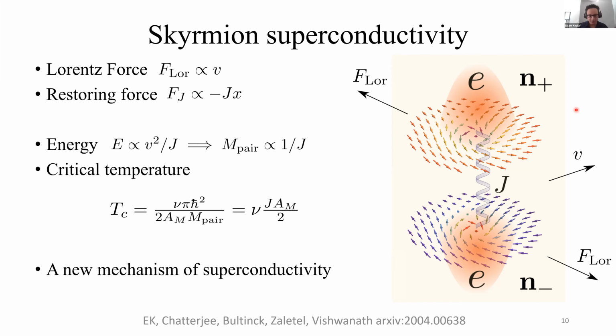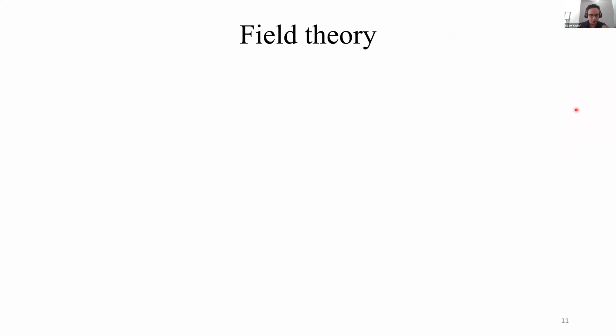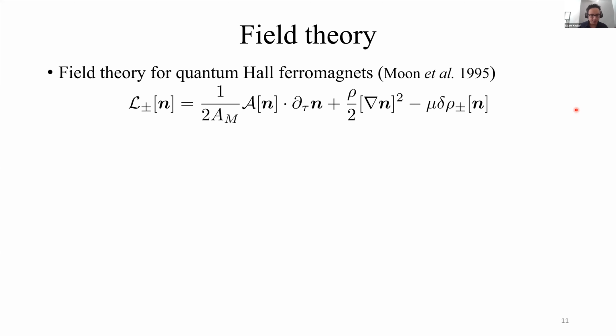To understand this mechanism, I will write some field theory to describe these skyrmions. The starting point is again quantum Hall ferromagnetism. A field theory for the quantum Hall ferromagnet was written a long time ago, and it has a few simple ingredients. The first term is a Berry phase term that just captures the fact that the skyrmions feel an effective magnetic field.